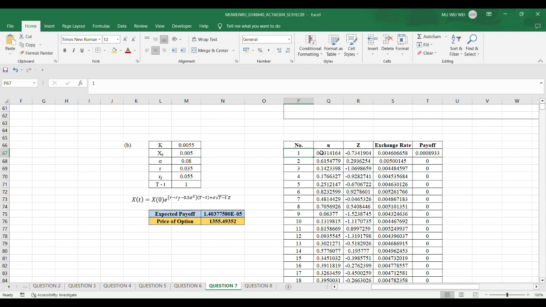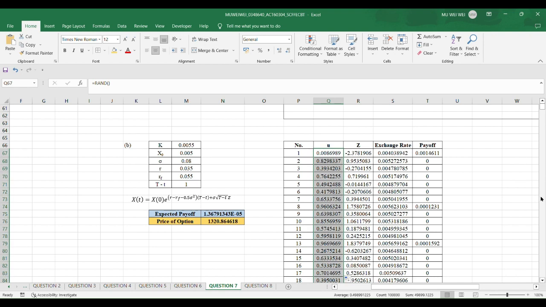So this will help to generate 100,000 columns for this part here. And then for the U, since we want to simulate it, we will use the random function to generate random numbers for the U. So just use the random function and drag it until the 100,000 cell. So it should help to generate 100,000 values for U.